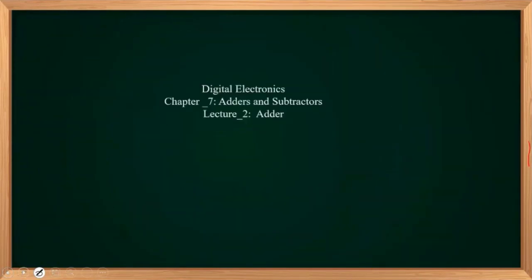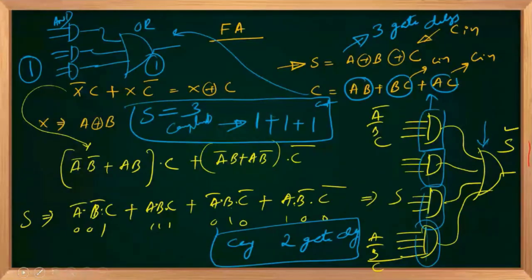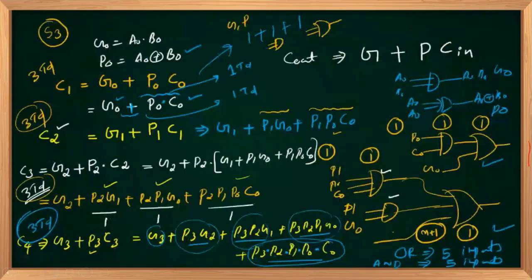How much time will it take to produce a sum output? We said it is 3 for a full adder. So 3 TD plus another 3 TD gives 6 time delays, as George said. For S2 also, 3 plus 3, 6 time delays.